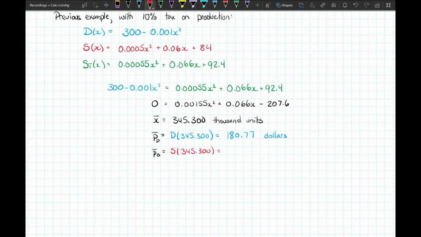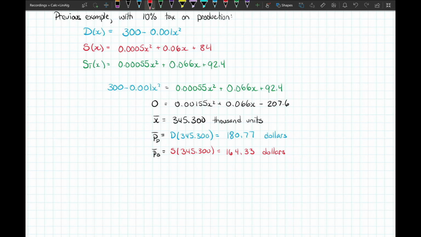Plugging the same quantity into our supply curve, we see that they are only collecting $164.33 approximately. And it should be no surprise that $180.77 is the exact value of $164.33 plus 10% tax.